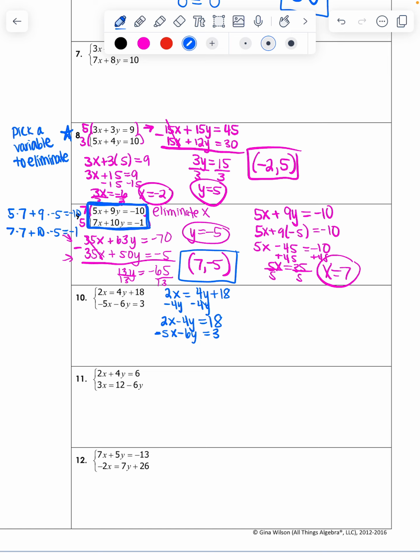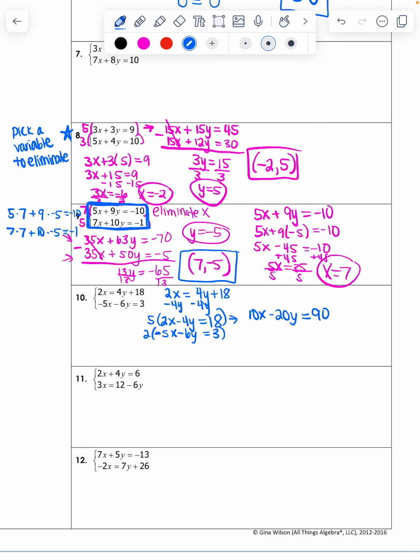I know it's a negative 5, but just think of it as a positive for now. 2 and 5, the least common multiple of those is 10. So I would multiply the first equation by 5 and the second equation by 2, and we would get 10x minus 20y equals 18 times 5, which is 90.